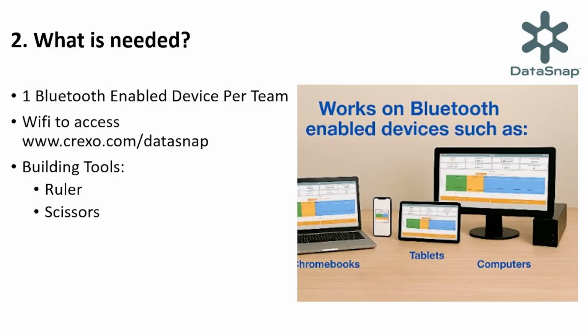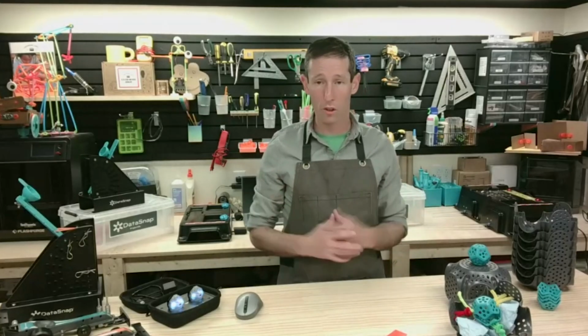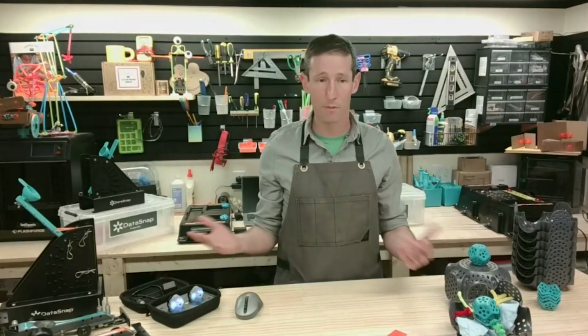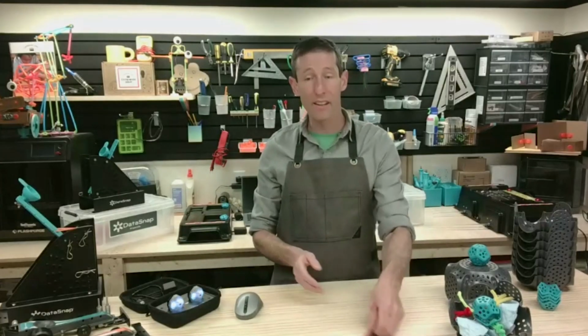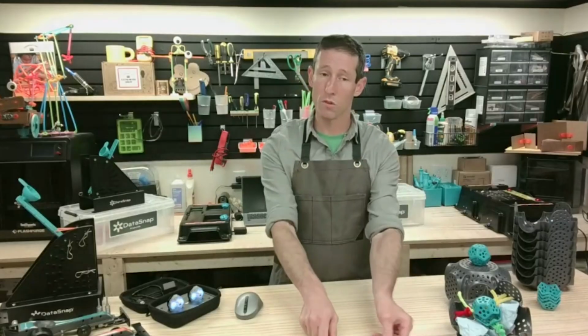One, for each team, you're going to need a Bluetooth-enabled device that has Wi-Fi that allows us to access the web browser app or the apps that you can download from the Google Play Store or the Apple Store. All right. Chromebooks, phones, tablets, laptops, computers all work great. Chromebooks are my favorite. It's also a good idea to have rulers and scissors for your groups.